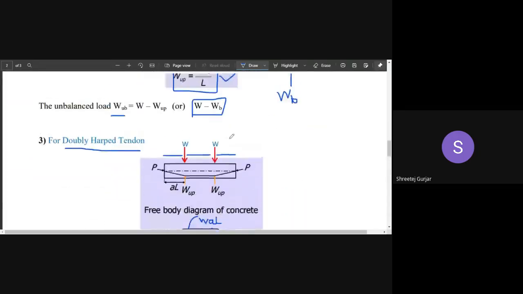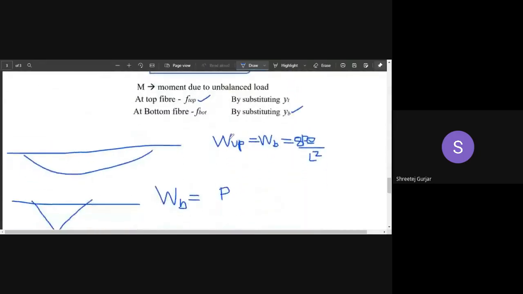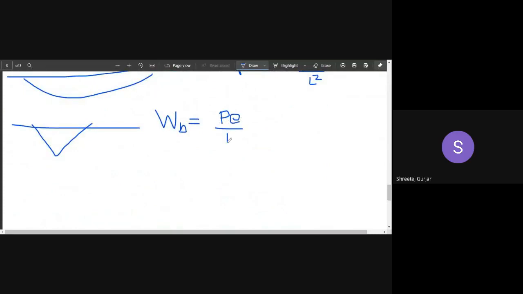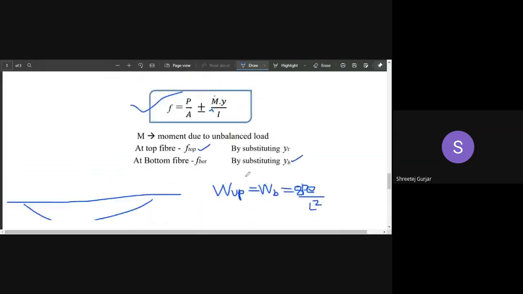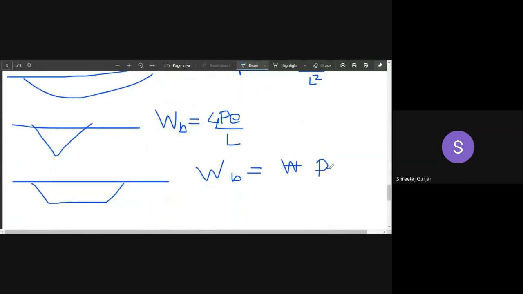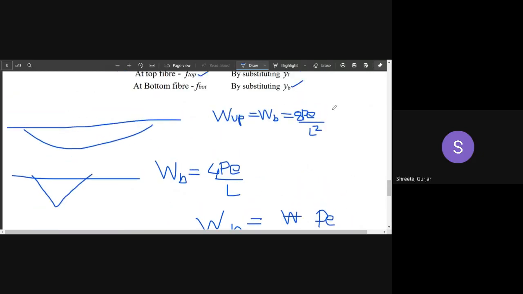Sorry, it is PE by L, 4 PE by L. When we have a doubly harped tendon, wherein it is this kind of profile, WB will depend upon your distance, W into A into L, it is P into E by AL. So these things you need to remember.